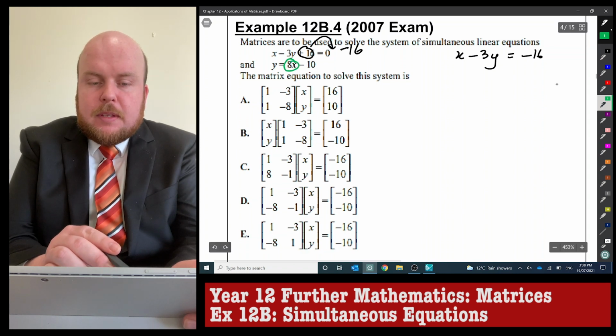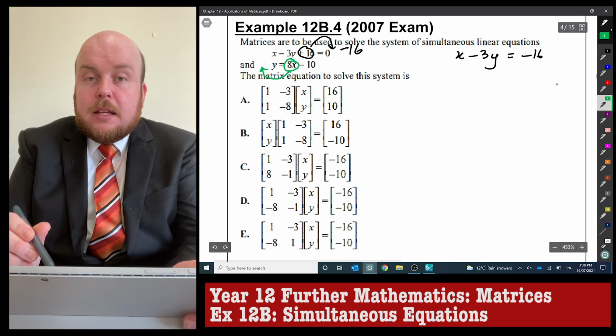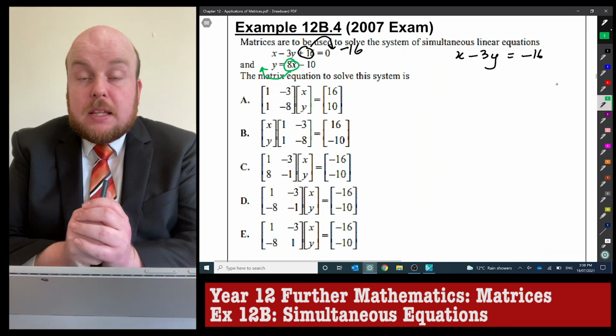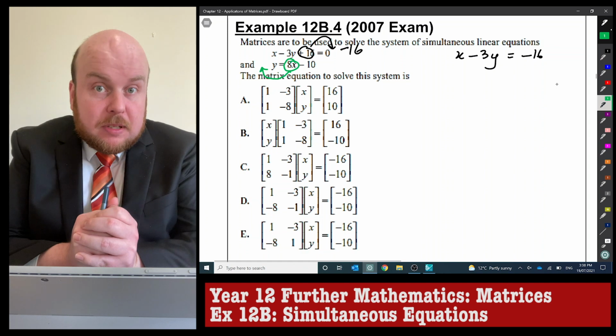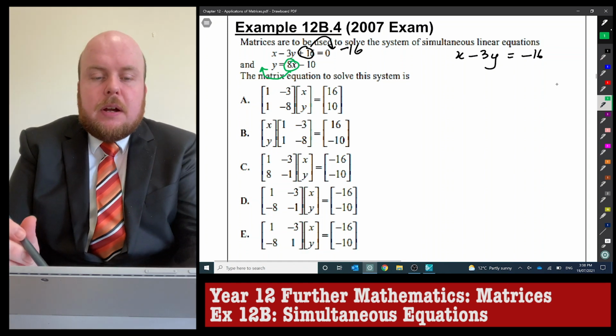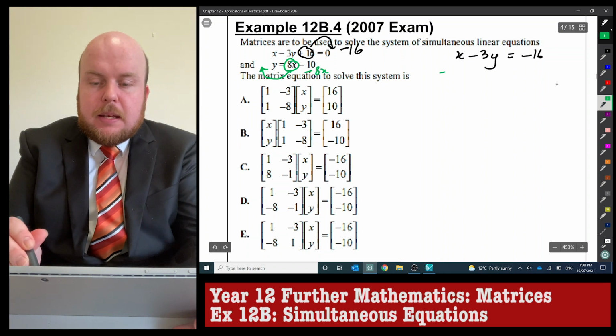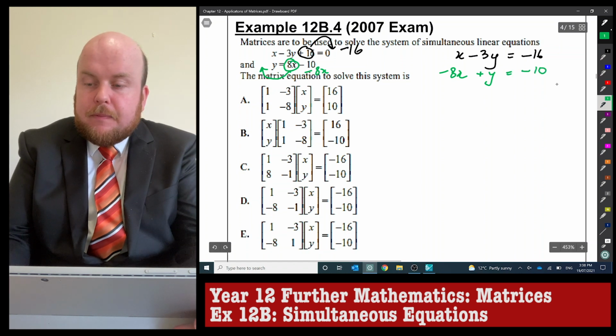We're going to need to move this 8x over here. Now there's no sign at the front, so we always assume if there's no sign at the front, then it is actually a positive or a plus. So we're going to minus 8x on both sides, and we get -8x plus y is equal to -10.